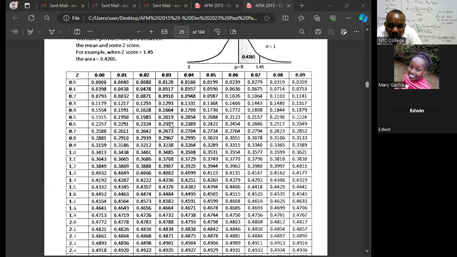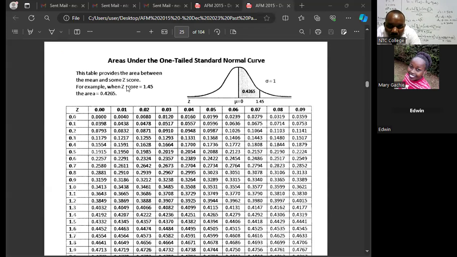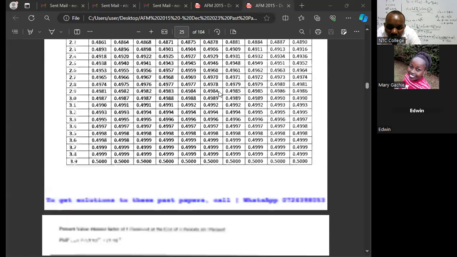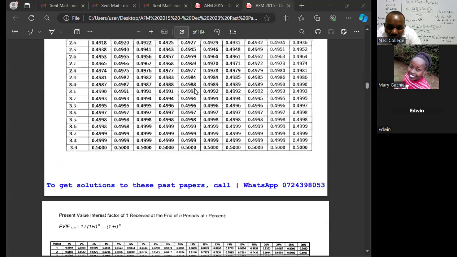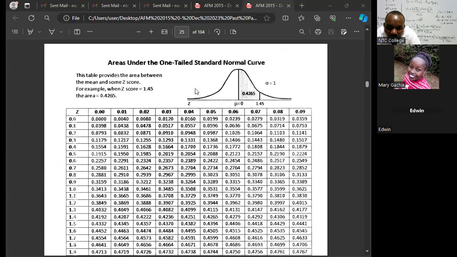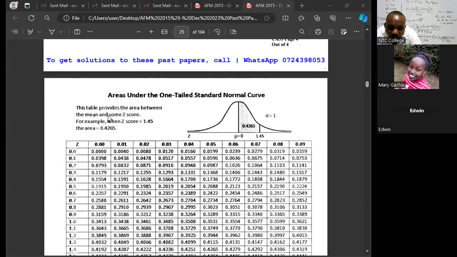I'll assume that this is not, but this one, though wamesema it is one-tailed. One-tailed inamaanisha side moja tu ndio wana focus on. But we shall use it for illustration. In exam, utapewa table. So you'll go to the normal table that they have given you. Then you come here.